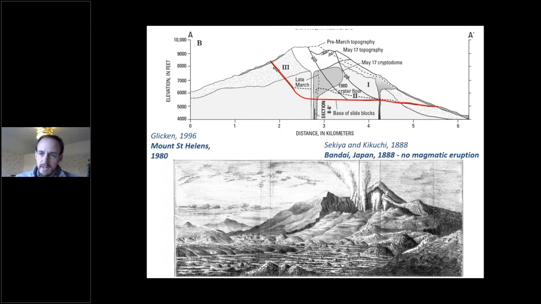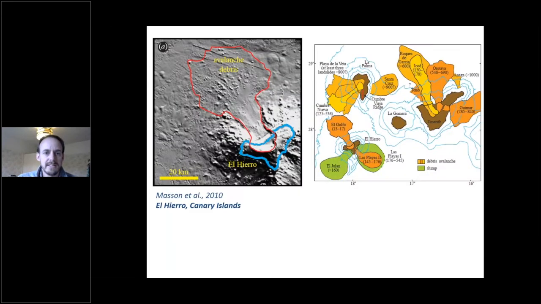These types of processes are widespread. We see evidence for them in volcanic landforms across all types of tectonic setting. If we then look offshore, there are well-known examples that have been mapped offshore island groups like Hawaii and the Canary Islands. We can see some examples here in the Canaries with the fan of debris off the island of Valverde, for example, dispersed for 60 to 80 kilometers in this instance.